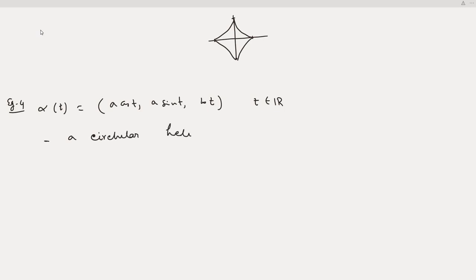Okay, so now example 4. Consider a space curve alpha of t equals (a cos t, a sin t, b t), t belonging to R. This is called a circular helix of radius a and pitch 2 pi times b.